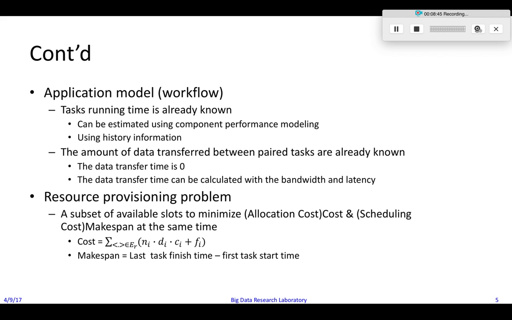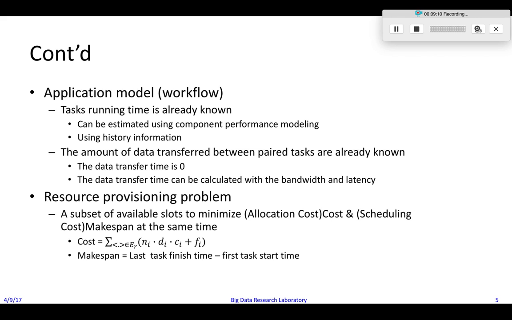The first one is that the task runtime is already known, and usually we have two strategies to get the runtime for the workflow. The first is that it can be estimated by using component performance modeling, and the second is that it can be obtained by using history information to infer from the existing application.